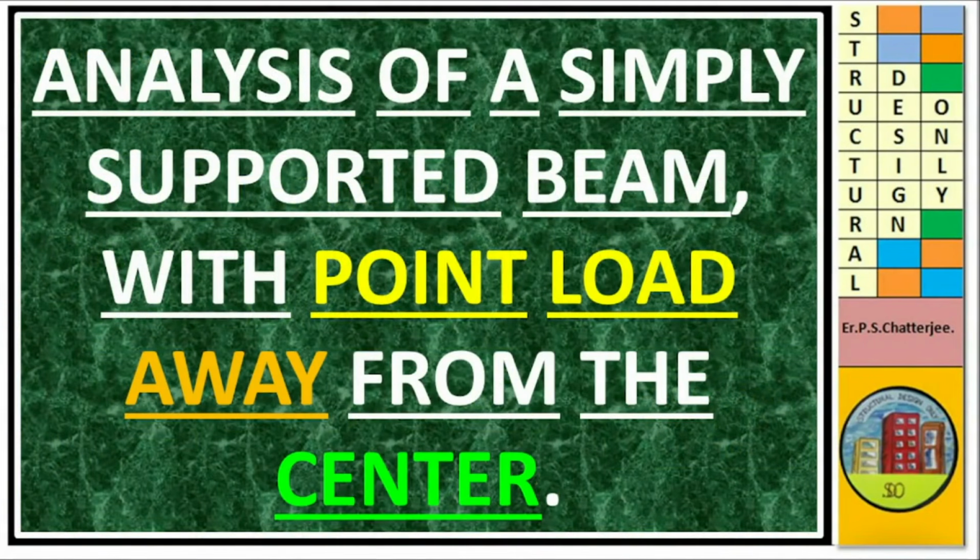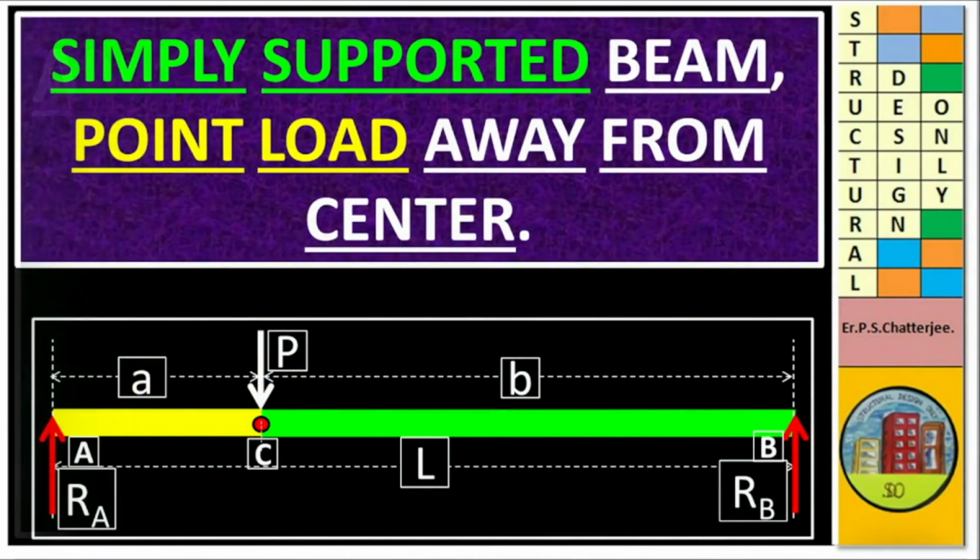Analysis of a simply supported beam with point load away from center. This is a picture: simply supported beam, point load away from center. Here, our load is towards A, not at the center. Once again, reaction at A is equal to RA and reaction at B is equal to RB.